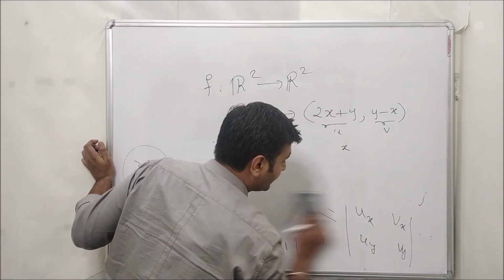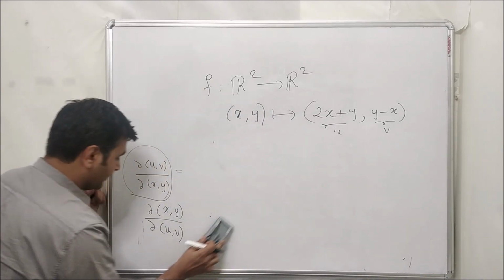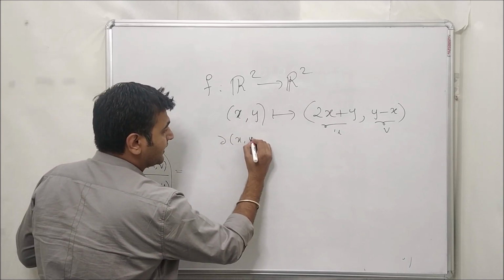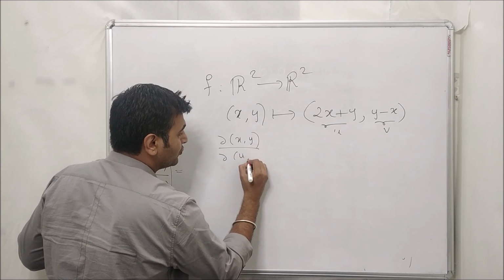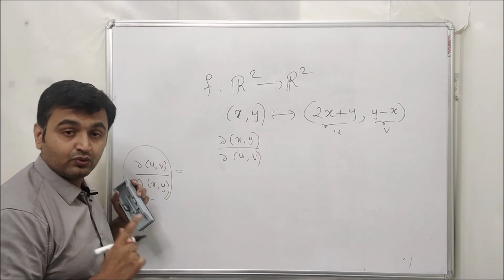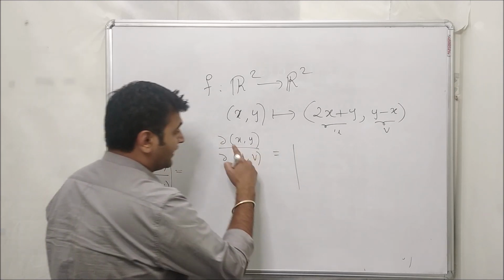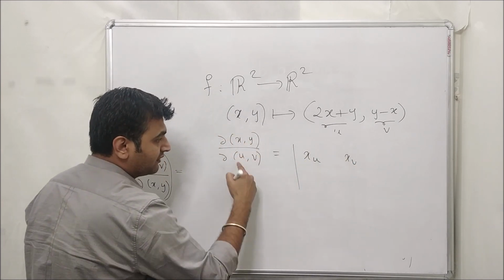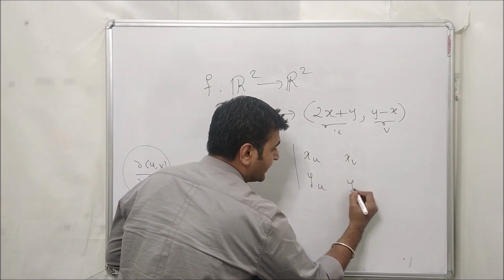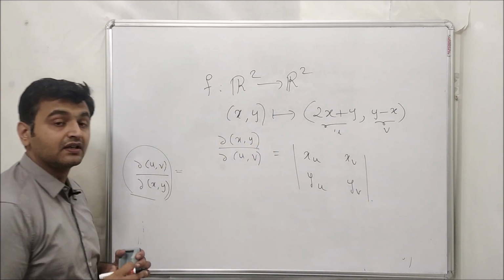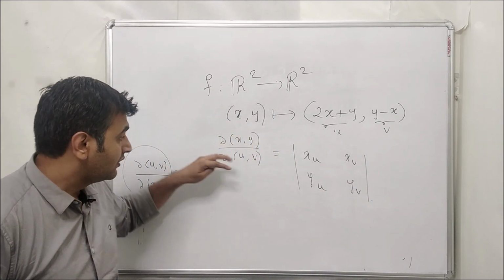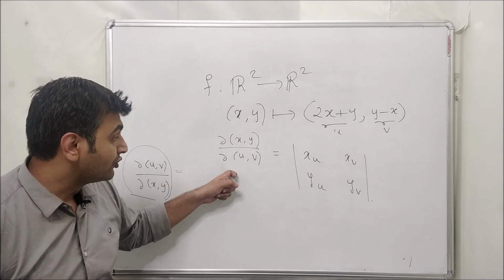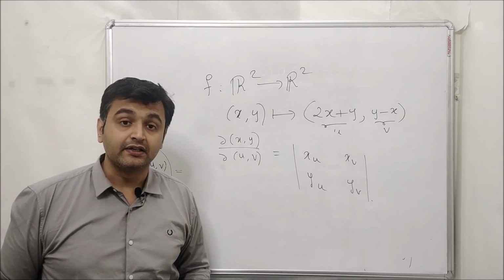Let me write it here: the partial of x y upon the partial of u v. This is equal to x with respect to u, x with respect to v, and similarly y with respect to u and y with respect to v. So this is how you define the other way, where x y acts as the dependent variable and u v acts as the independent variable.